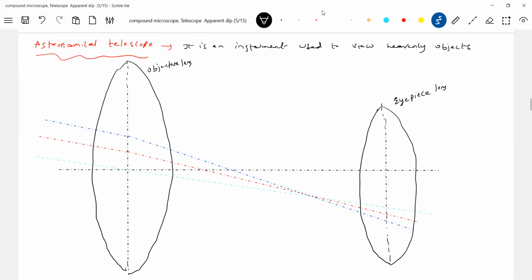Where's the object? I should not show the object here. So what are these? These are the rays coming from a far away object. So there's a ray 1.